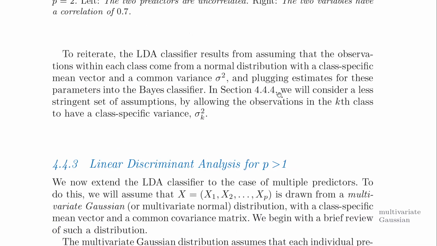In section 4.4.4, we will consider a less stringent set of assumptions by allowing the observations in the kth class to have a class-specific variance.